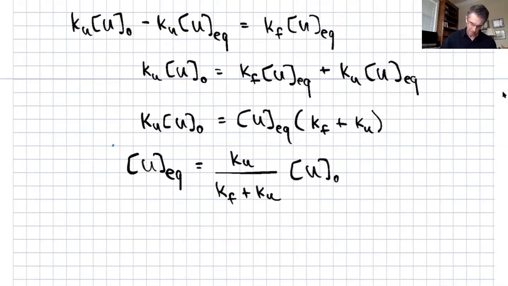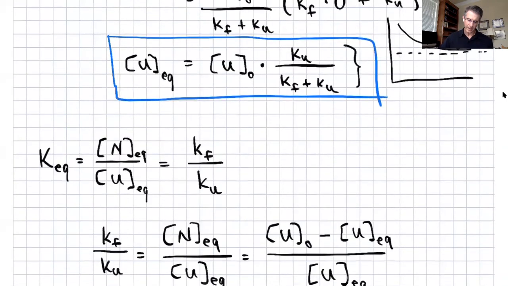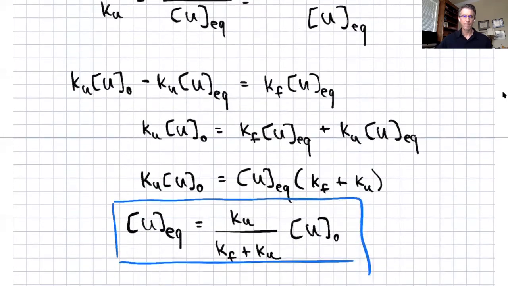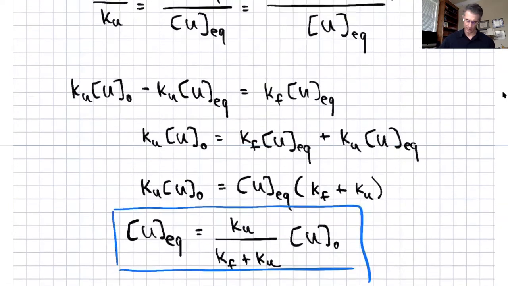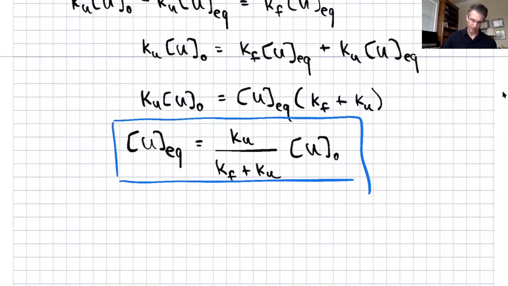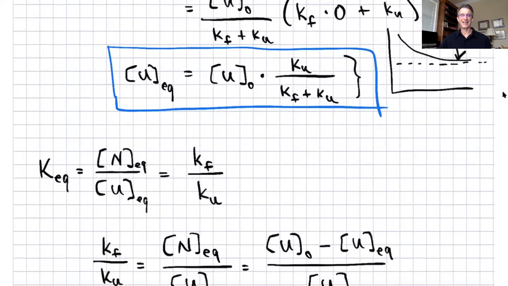And if you compare that to that, they're the same. I just wrote it out a little bit differently. Here, let me rearrange it so that it looks exactly the same. That may be a little nicer: concentration of U at time 0 times Ku over Kf plus Ku. Okay, now they look the same.